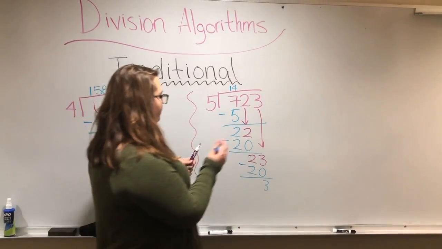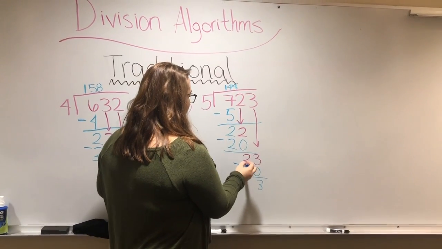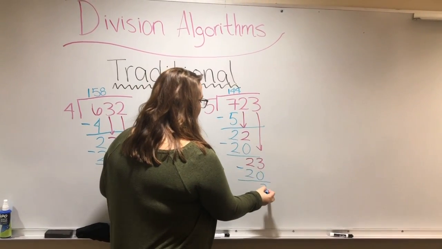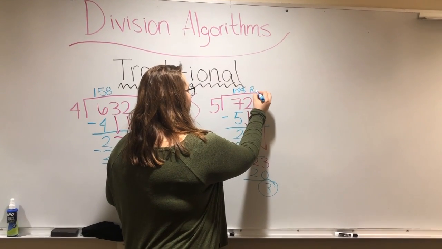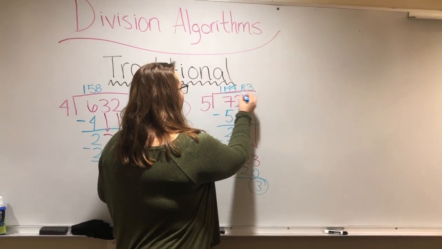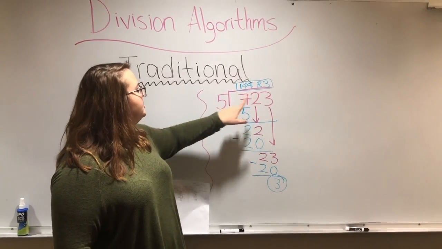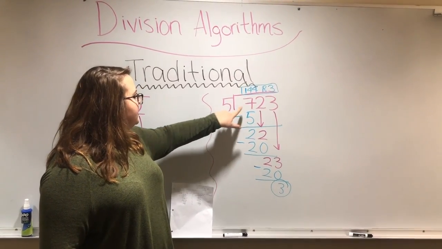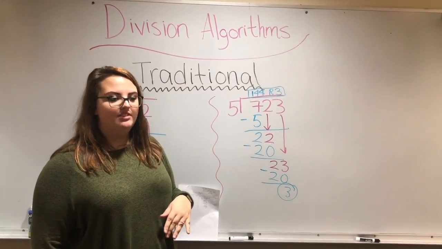So first we have to write our 4 up here, since we did 5 times 4 to get 20. And we have 3 left over. So for the remainder, you just write an R of 3. So our answer is 144 remainder of 3. So 5 goes into 723 144 times, and you'll have 3 left over.